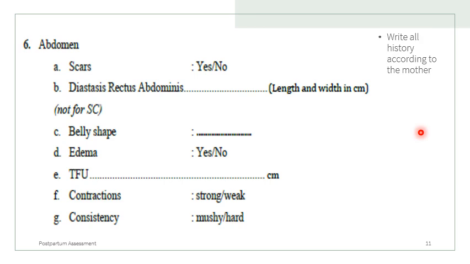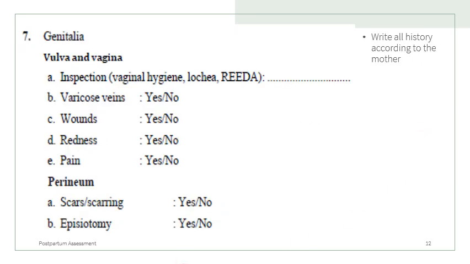So we check all about that here, as well as if we notice any stretch marks or any other problem that is considered a postpartum problem, then we can also put the data inside this section.